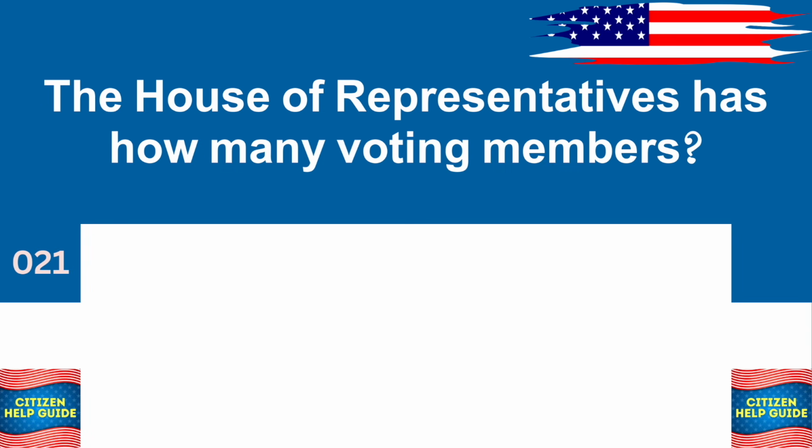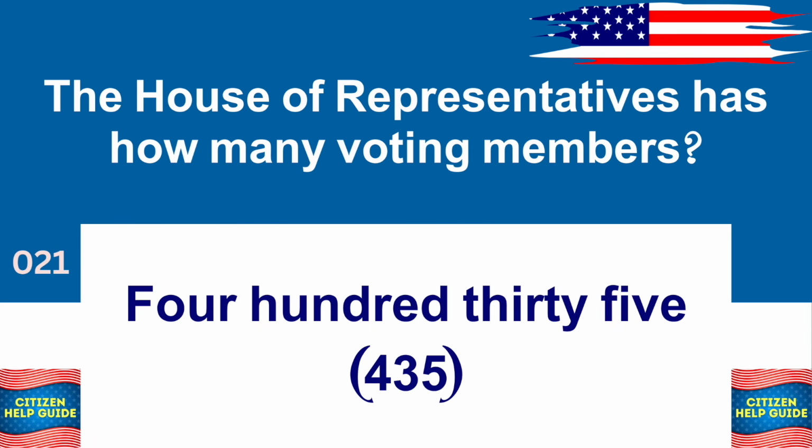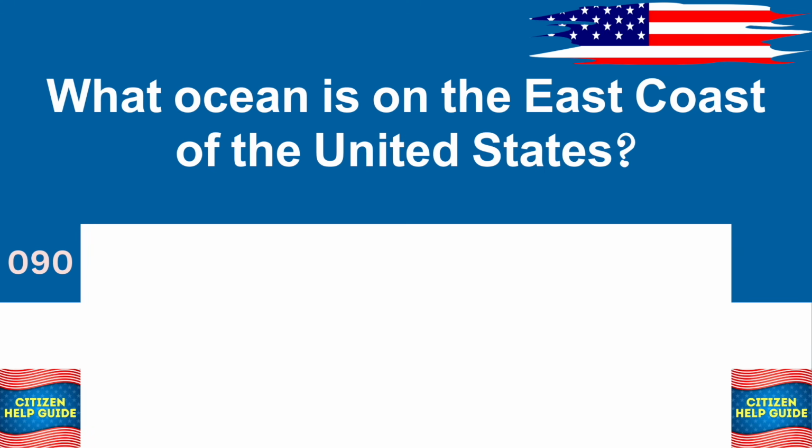The House of Representatives has how many voting members? 435. What ocean is on the east coast of the United States?